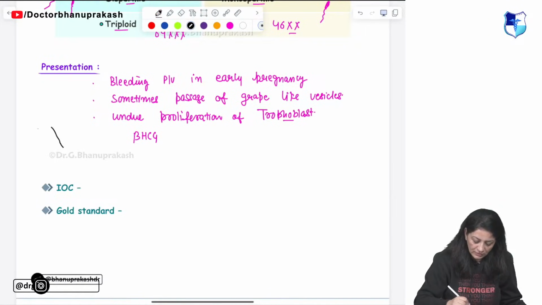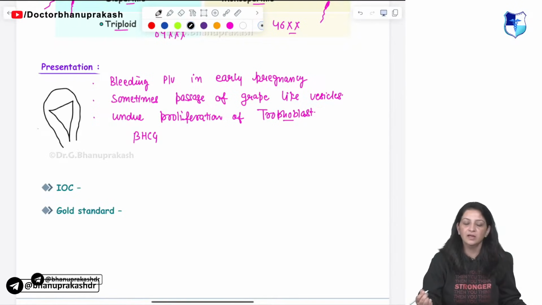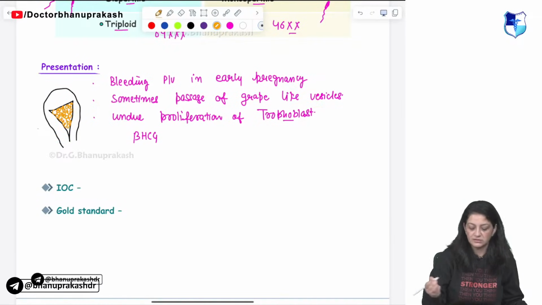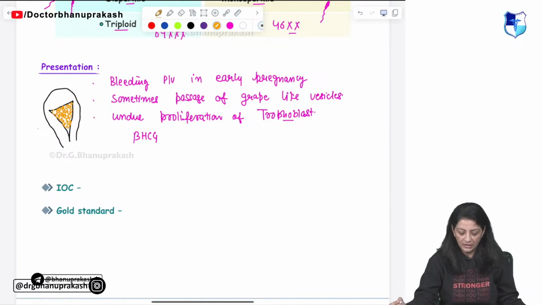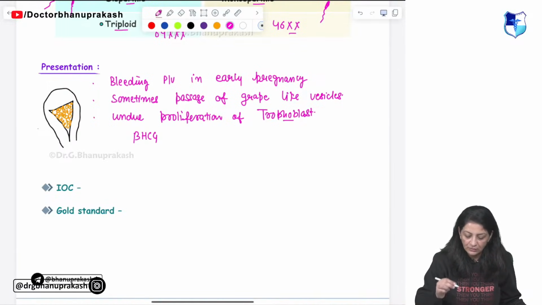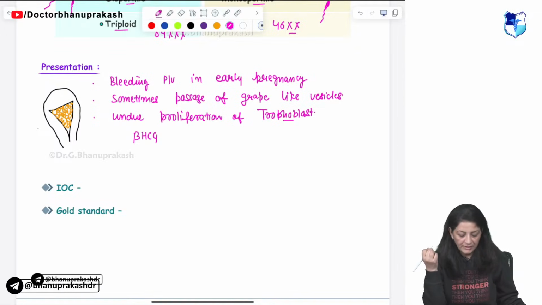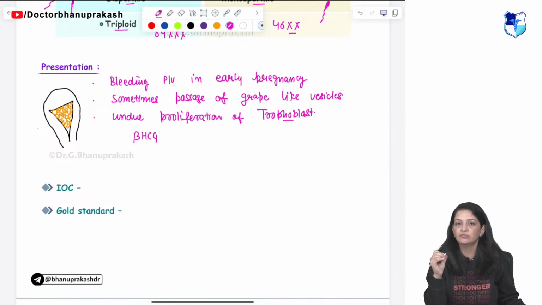Suppose this is the uterus, this is the uterine cavity. Now there is a number of trophoblasts filling up the entire uterus. More trophoblast means more beta-HCG. So beta-HCG is a hormone which is responsible for vomiting in pregnancy.